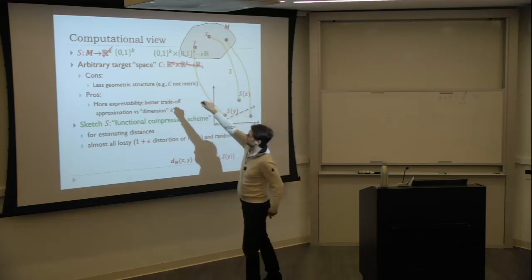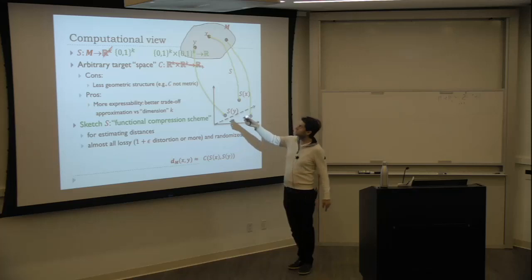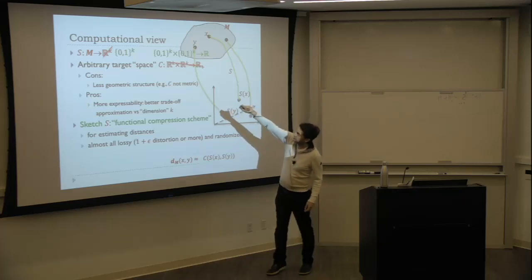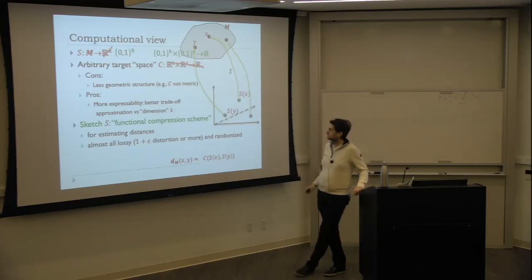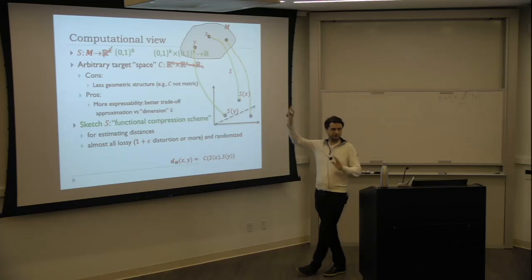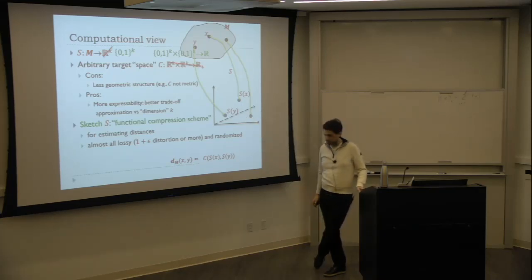Mostly I'll still stick to R^k because it is easier to talk about, but at the end of the day you can also map into binary strings, with some caveats. This distinction won't be really important, but strictly computationally, we should be talking about binary strings of size k.